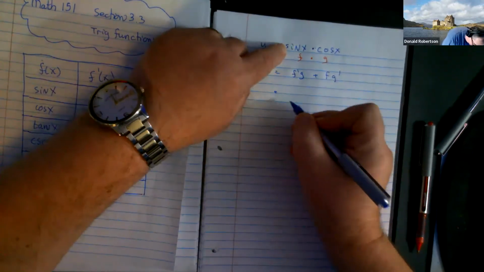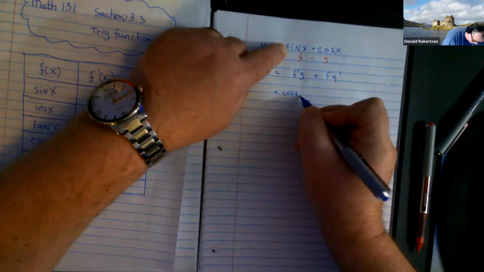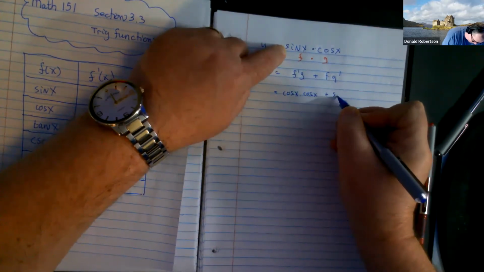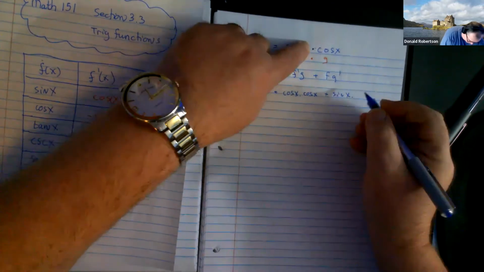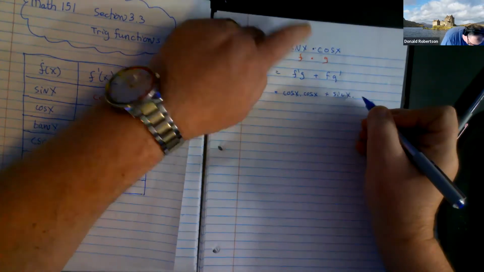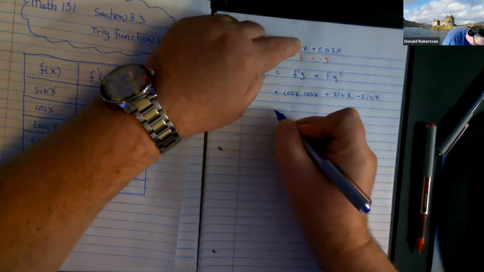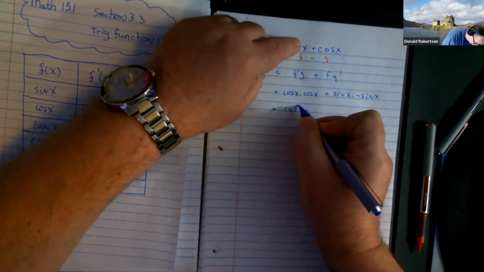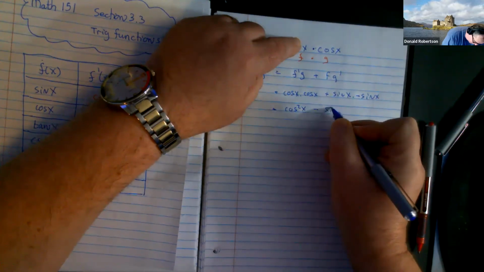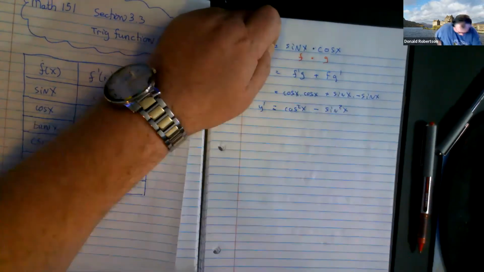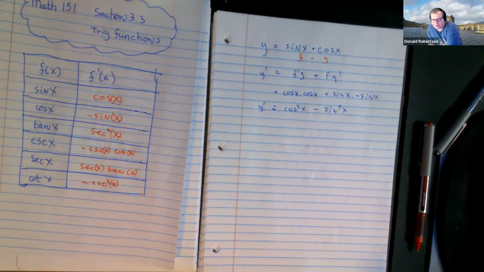If you differentiate a sine, you get a cosine times another cosine plus a sine times the derivative of a cosine, which is negative sine. And now you're going to be left with cos squared x, take away sine squared x. No, that's not 1. I wish it was. If it was cos squared plus sine squared, it's 1.